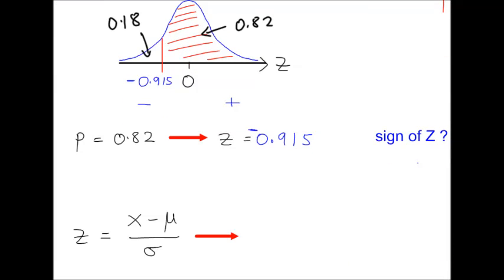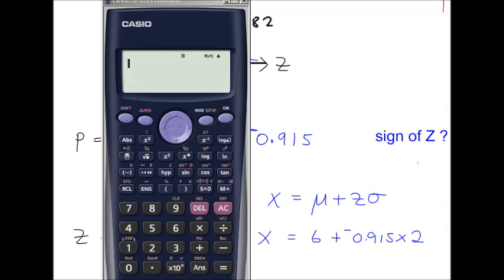And then you go to your standardizing formula, and because we're trying to work out what x is equal to, I need to rearrange this. So x is equal to the mean plus z sigma, and then just substitute the values that we have into this. So x is equal to the mean, which was 6, plus z times sigma, and z is minus 0.915 times sigma, which is 2.